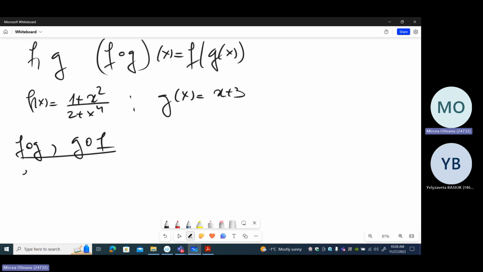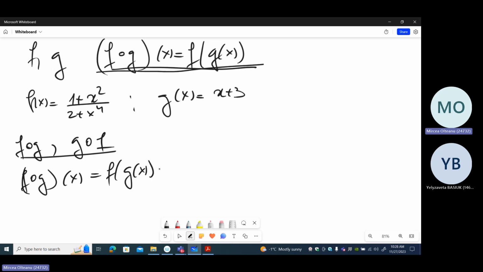But let's compose them. So f composed with g at x is by definition what's written here, above. It is f of g of x. That means f of, so the first to be applied at x is g. G equals x plus 3. So it is f of x plus 3.